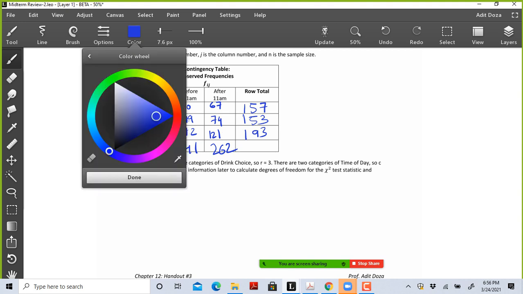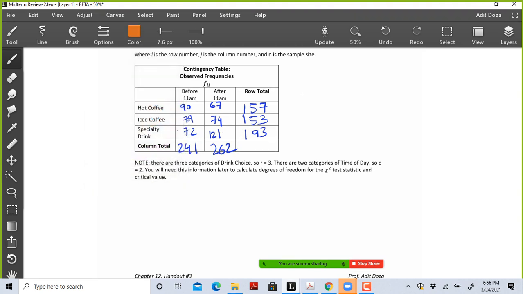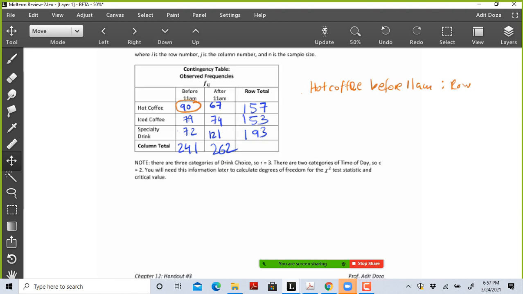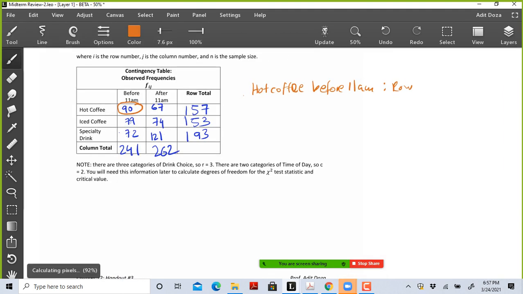So we know the row total and column total. What would be the expected frequency for hot coffee before 11? The formula is row total times the column total divided by total n in the sample.